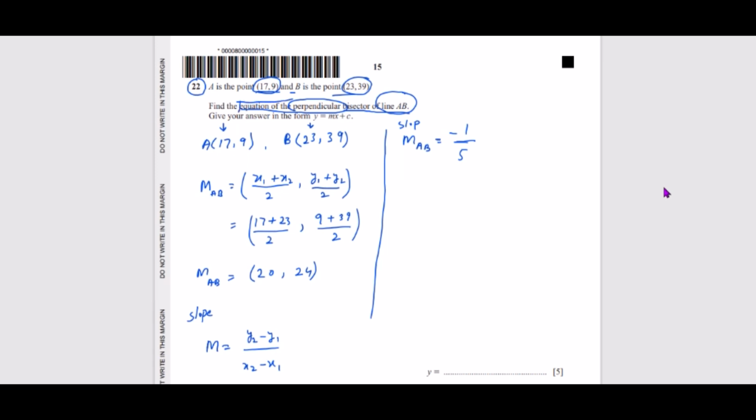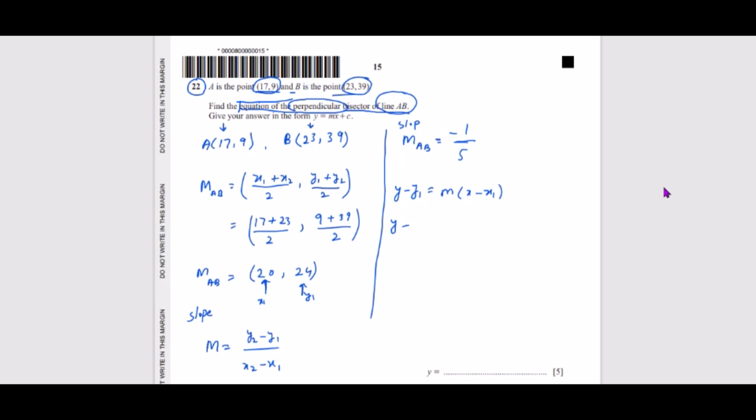The equation of the perpendicular line to the line of A and B is y minus y1 is equal to m into x minus x1. Sorry, this one is y1 and this one is x1.